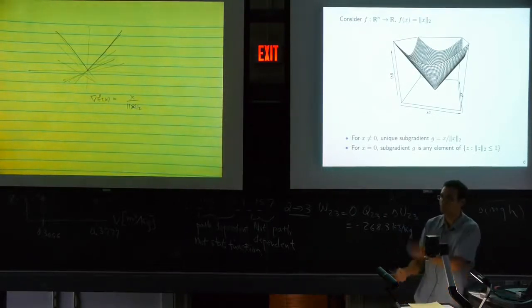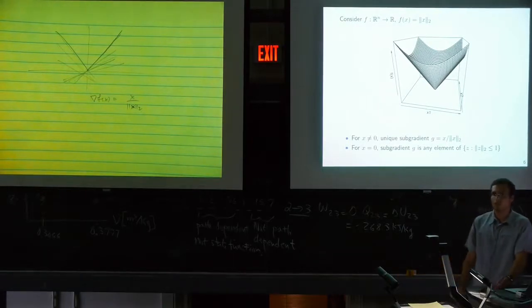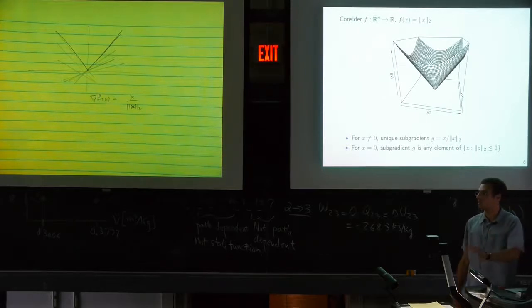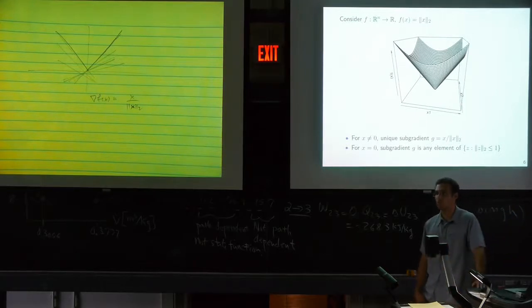All right, think about just each component. This comes from your recollection of what the derivative of the absolute value function is. Okay, and if x is 0, then the subgradient at 0 is any vector whose L2 norm is at most 1.